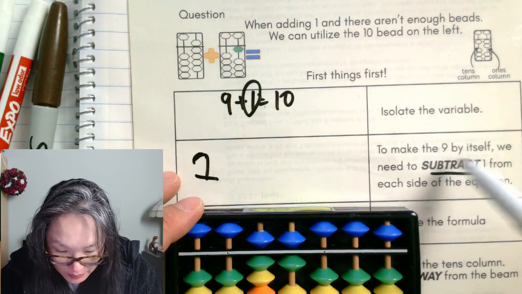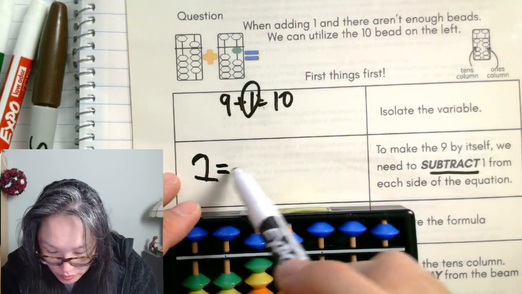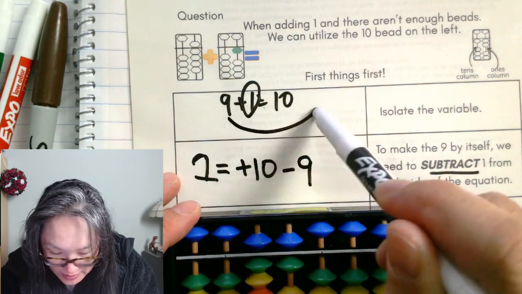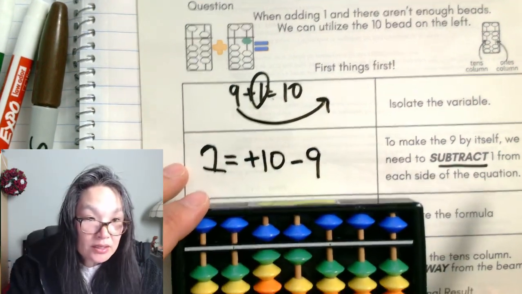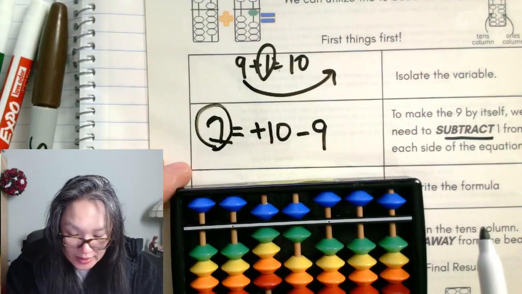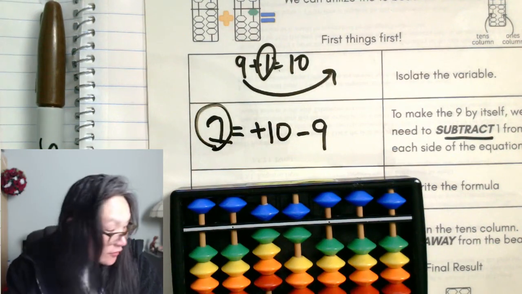We have to make 9 by itself. Oh, there's my typo. So equals 10 minus 9. We have to move this 9 over here. Does that make sense? So when we move the 9 over there, we now isolated the variable. That's the variable we're going to isolate.